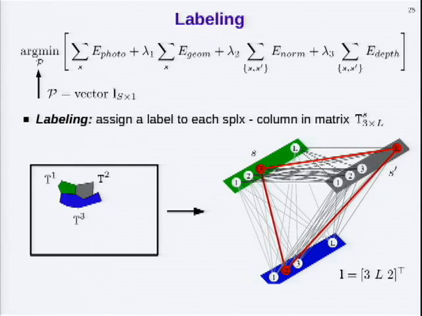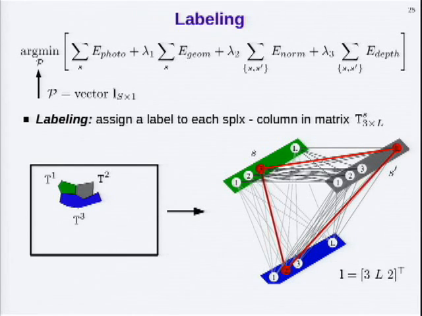Each object represents a particular superpixel, and each superpixel can have L possible labels, and this label is actually the column in the matrix T_S, so the index of a possible depth candidate. We need to set all the numbers here and all the weights on these edges.